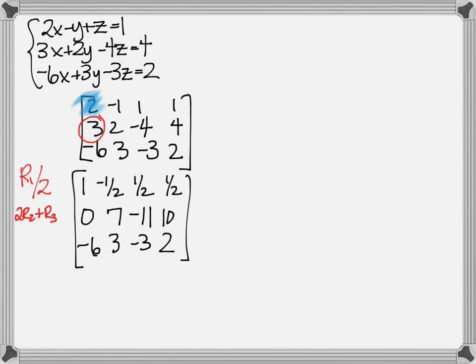All right, so my next goal is to get a 0 in this last position, and I'm going to use row 1 for that. So I'm going to go 6 times row 1 plus row 3. I'll take a second to write out my entire matrix here.